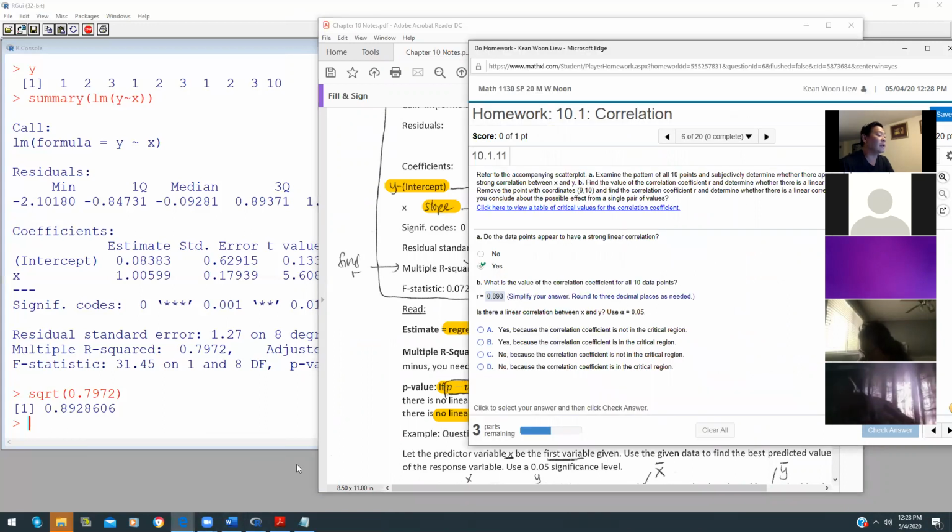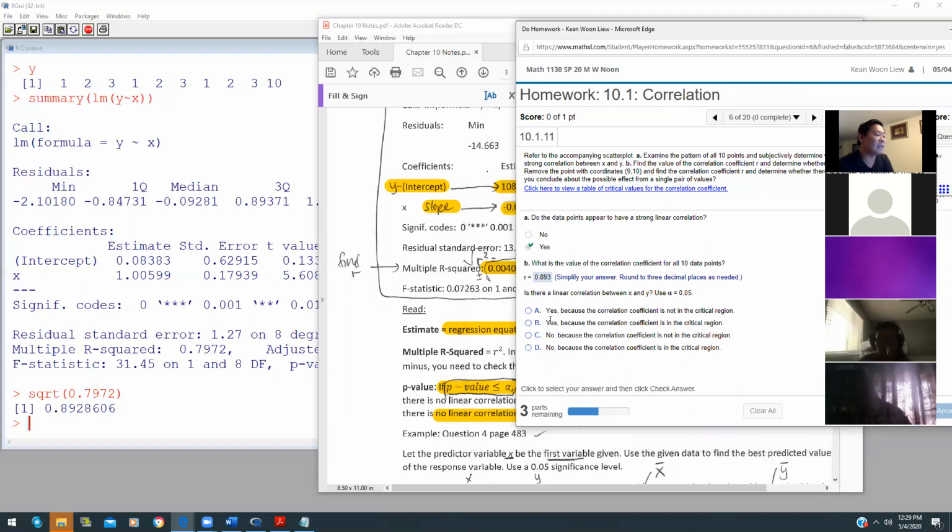So we will say yes, because of what we call the critical region. How to read the critical region, I shouldn't ask you that. If your p-value is less than alpha, there is a linear correlation. Yes, there's a linear correlation because it is in the critical region.